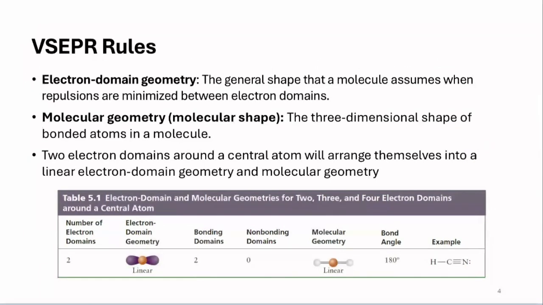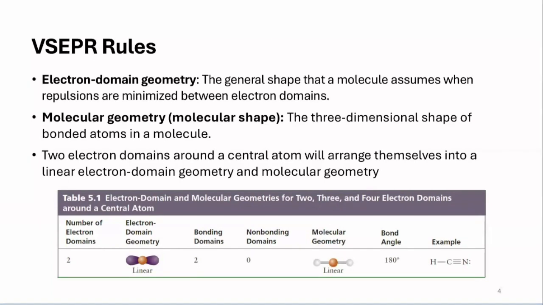Once we have determined how many electron groups or electron domains are around our central atom, then we can refer back to table 5.1 to look at specifically the electron domain geometry, molecular geometry, and bond angle for any specific covalent compound.